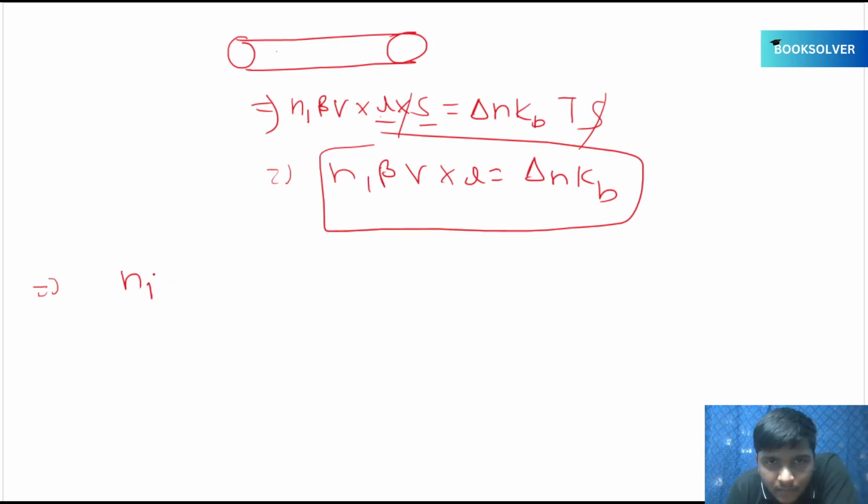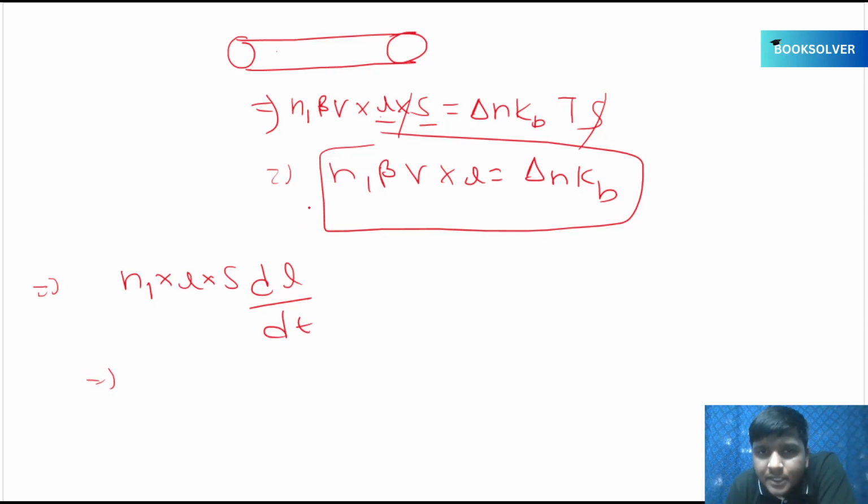It will be nothing but N1 into the volume, L into S, and their speed is dl by dt, which is nothing but V. So N1 into V into S. Sorry, we should not write L here, because if we consider some small radius of dr here, they are moving with the speed of dr by dt.